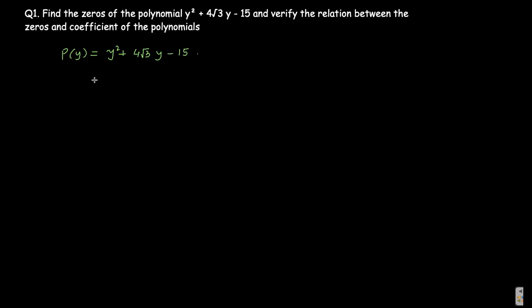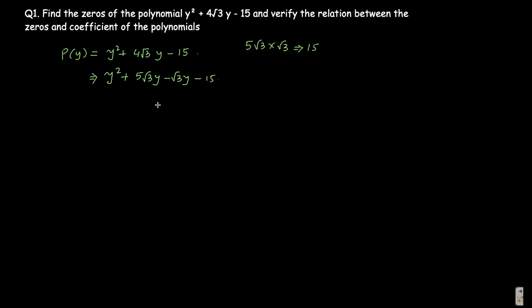Now we can simplify it by the middle term factorization. If we multiply 5 root 3 into root 3, it becomes 15, and if we subtract root 3 from 5 root 3, it becomes 4 root 3. So now y square plus 5 root 3 y minus root 3 y minus 15 equals 0.